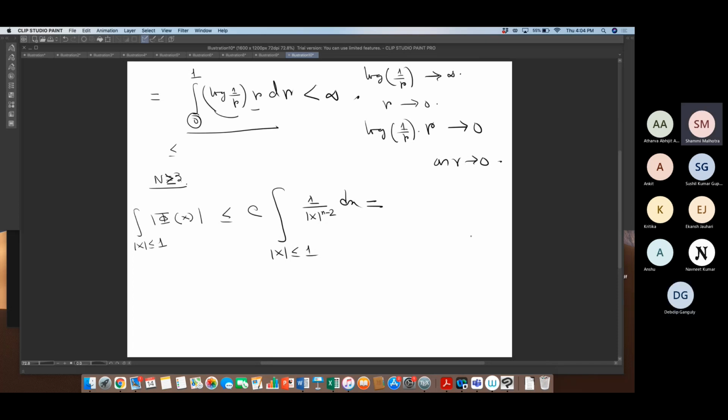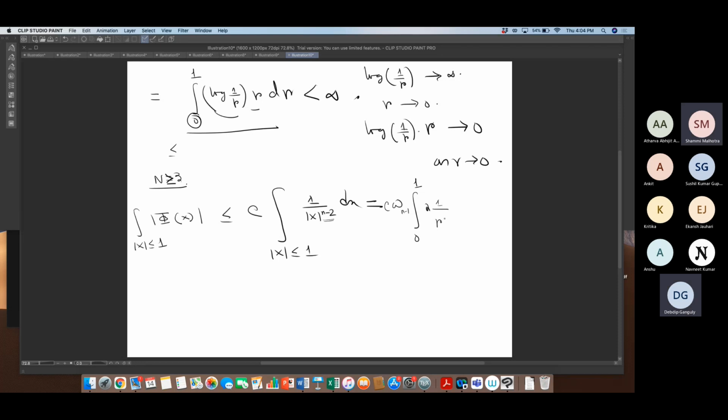Like again, integral of r from 0 to 1, some constant, W(n-1), some constant. Then 1 upon r to the power n minus 2 is there.